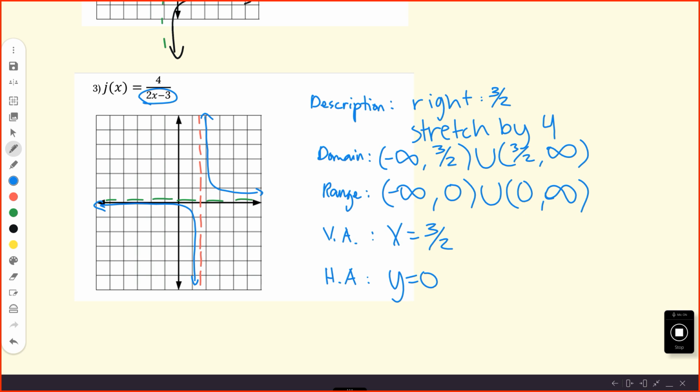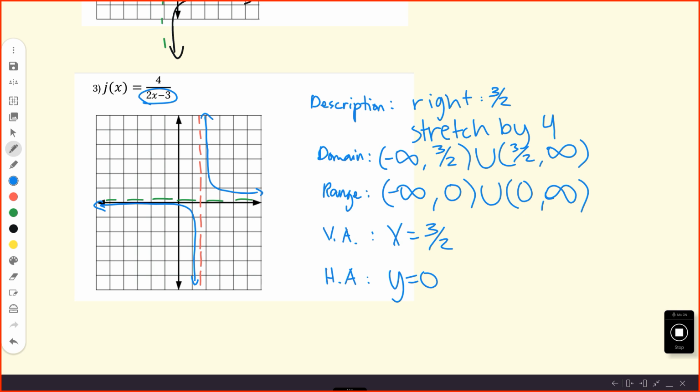Pay attention. You basically set the denominator to 0, so 2x minus 3 equals 0, and then you add 3 to both sides, and then you divide by 2, so you get 3 halves. The numerator is 4, so it's a stretch by 4.